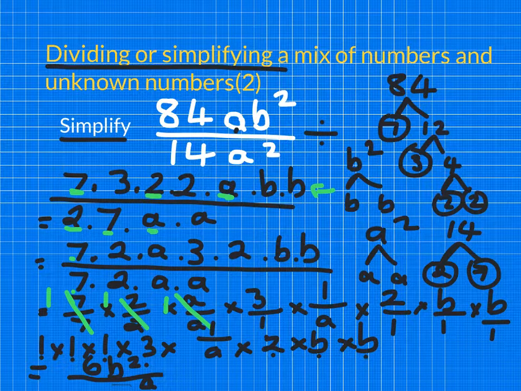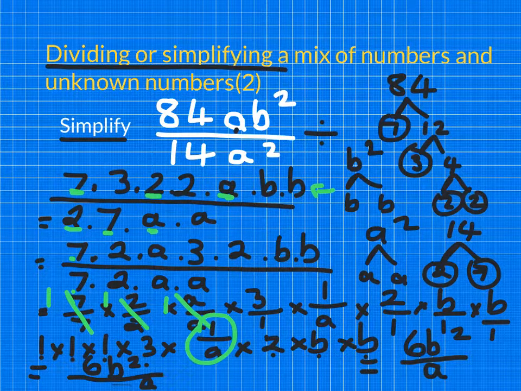Our final answer here is 6, B squared, and it's still over A, because if we look here, we had a 1 over A, so we have to keep it that way. So we make sure that our A is under here. But you can notice that it's much simpler, and that's what we were trying to do. We had this great big jumble of numbers and letters, and it's written much more simply here.